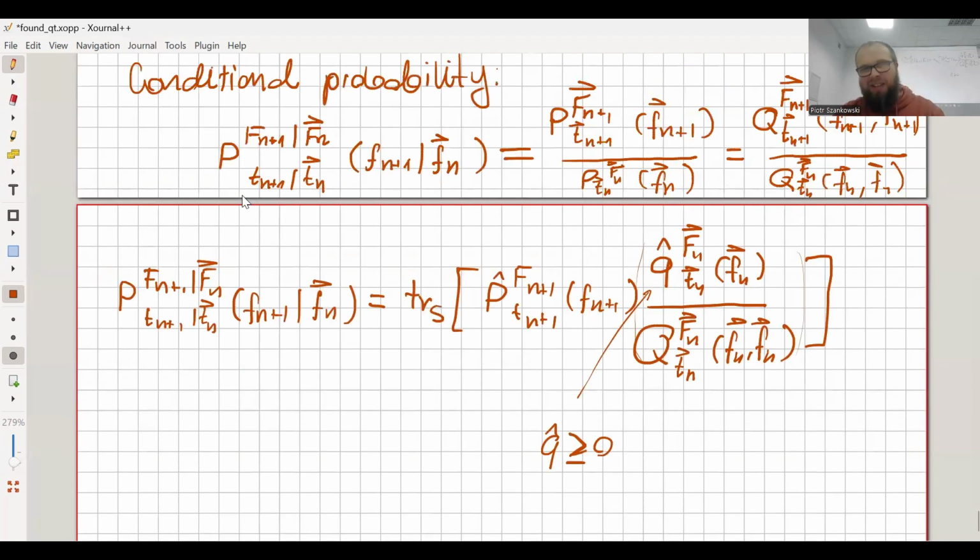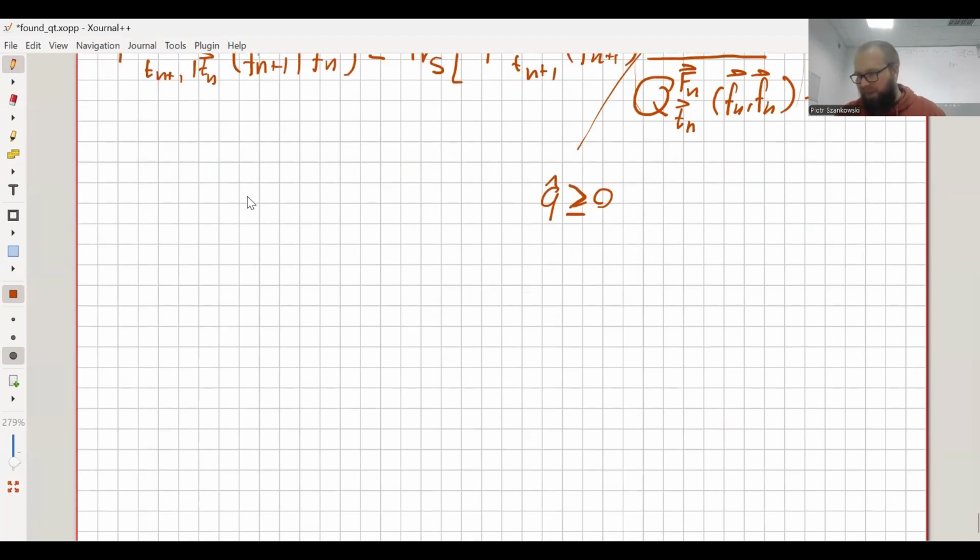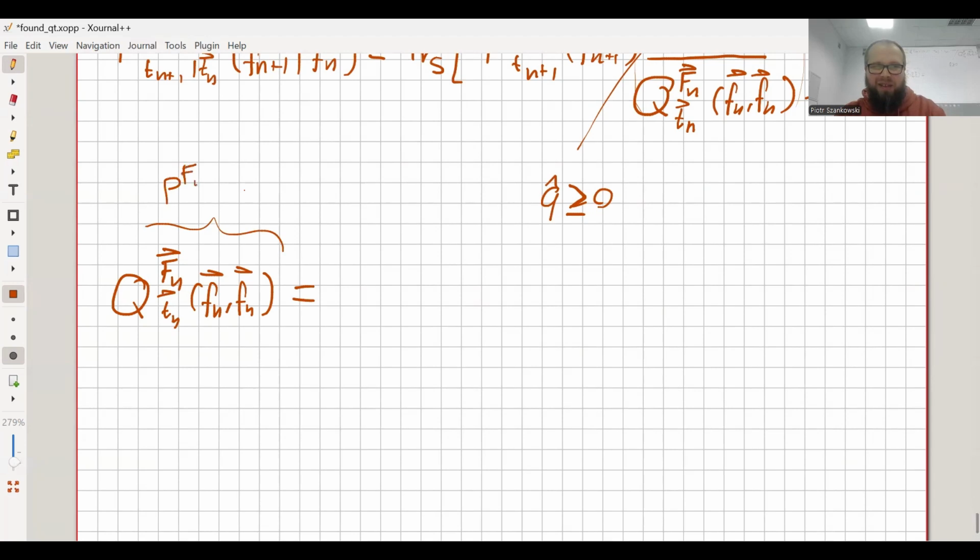So combining those formulas I wrote here, I can get the following thing. Fn Tn Fn, which is also equal to P Fn, right?